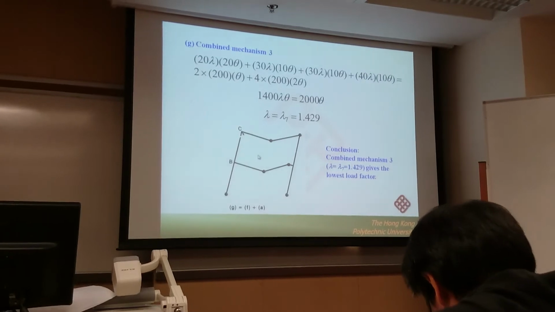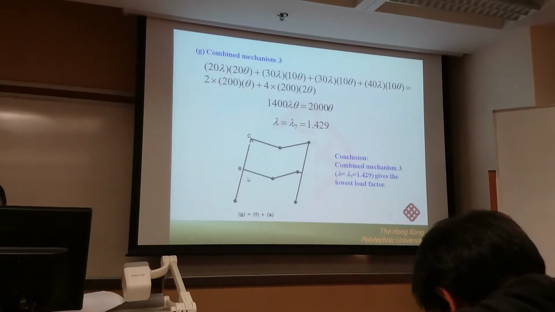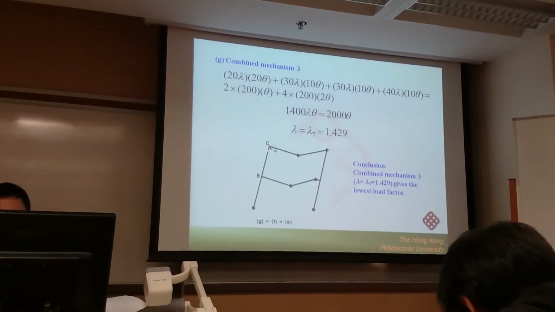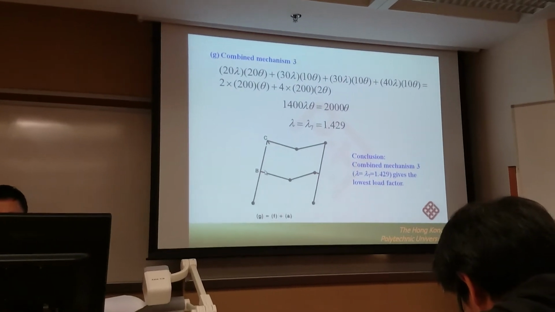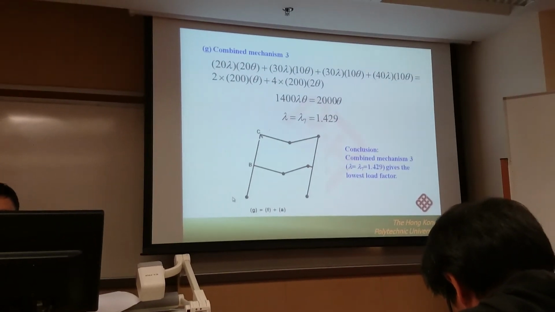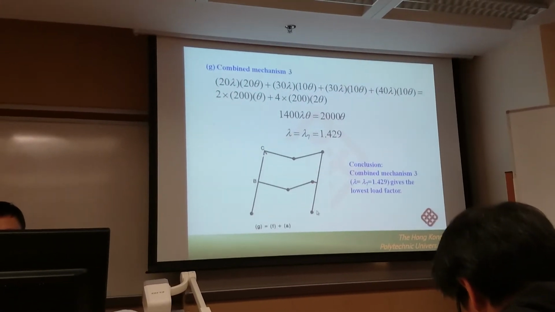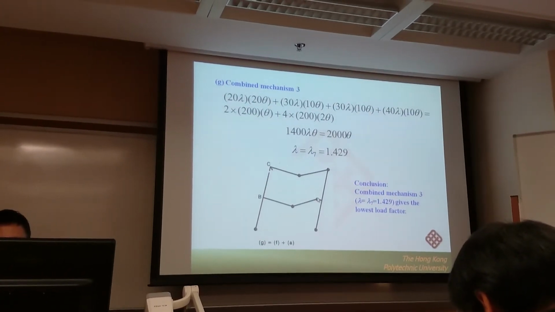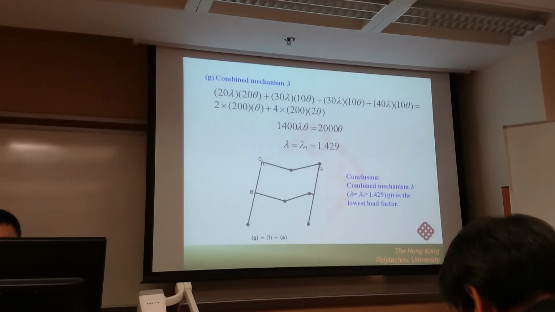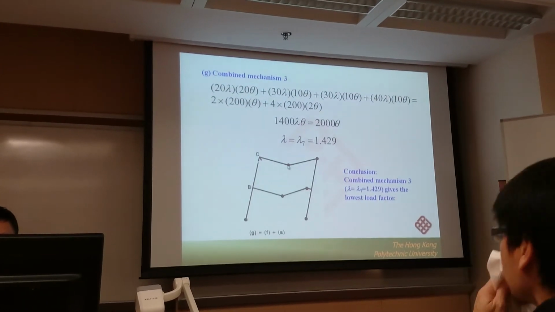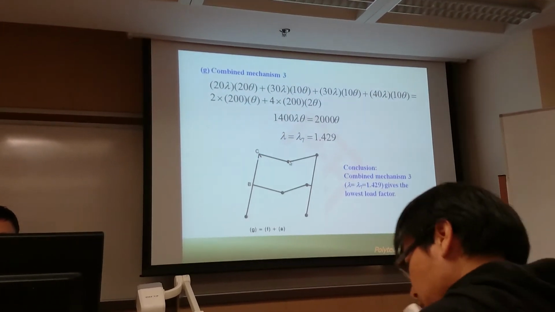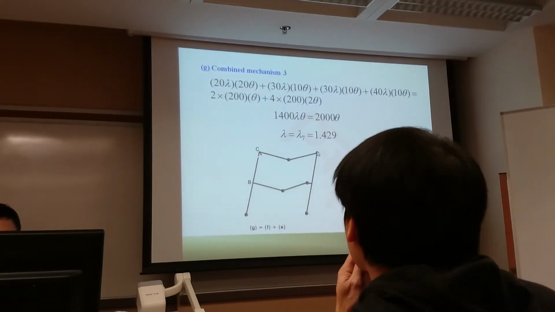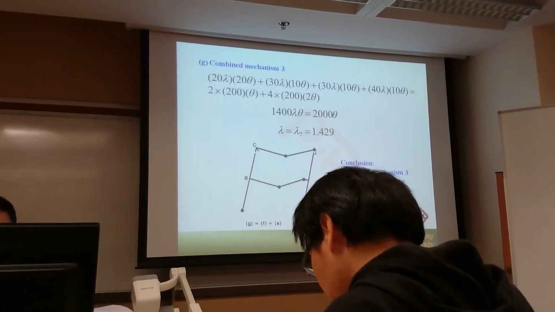In this combined mechanism, we introduce 2 radial connections. So here is equal to 1 theta, here is equal to 1 theta, here is equal to 2 theta, here is equal to 2 theta again. For this point, the plus moment is equal to the plus moment for the beam, and for this point, we have to use the lesser value.